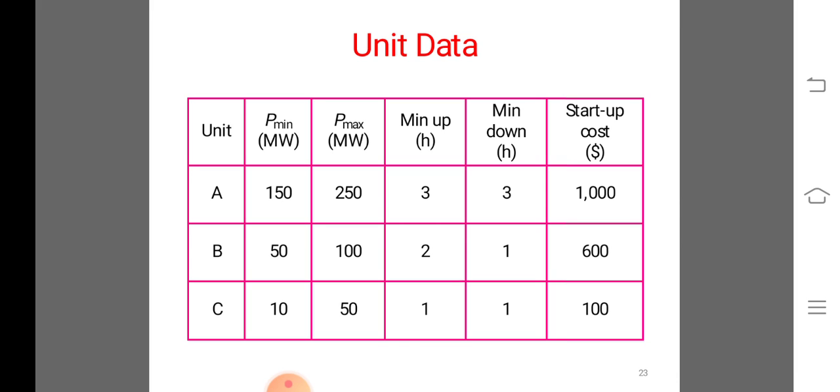The steps to be followed: determine the full load average production cost for each unit. Commit the number of units corresponding to the priority order. Then calculate the costs from economic dispatch problems for the feasible combinations.